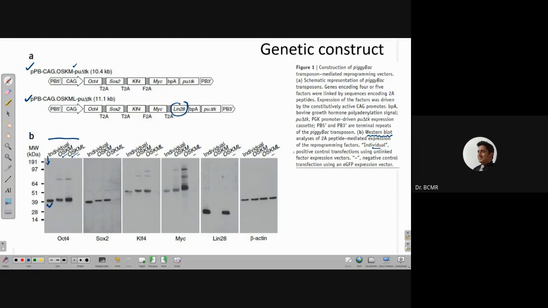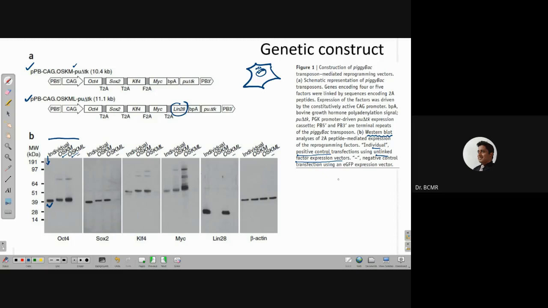Individual is the positive control. Okay. And they are unlinked factor expression vectors. In the sense, you take a cell and you have just one expression vector, only OCT4. Okay.